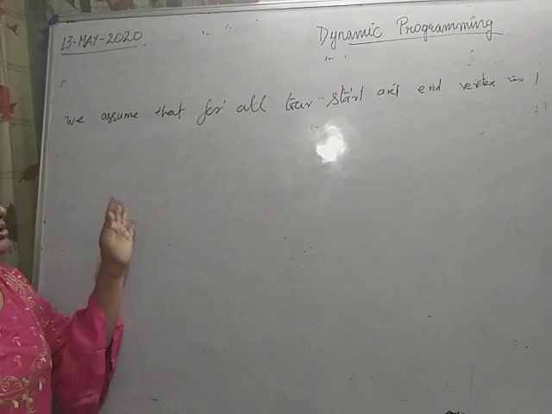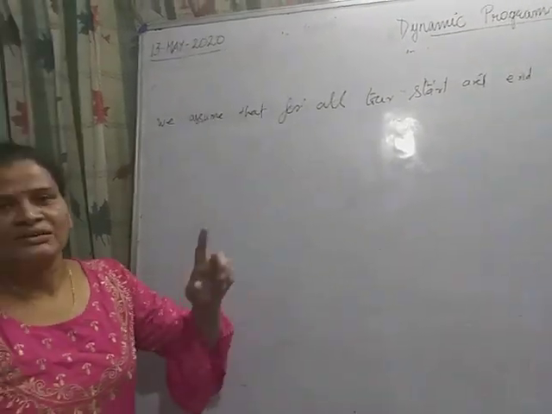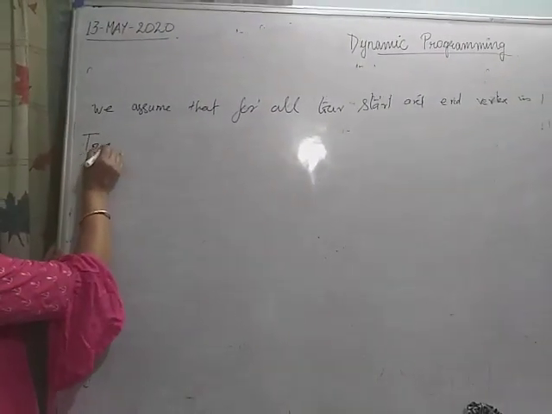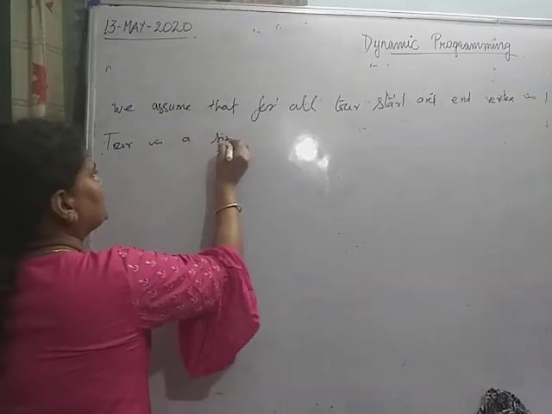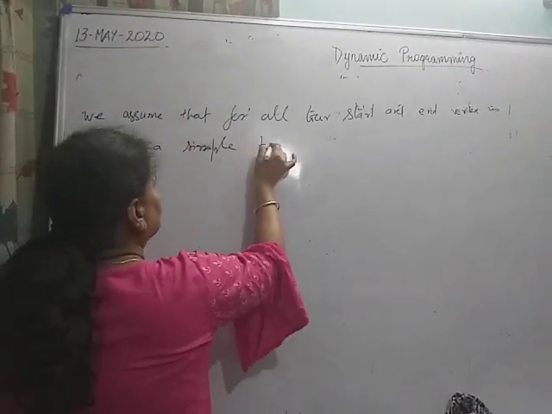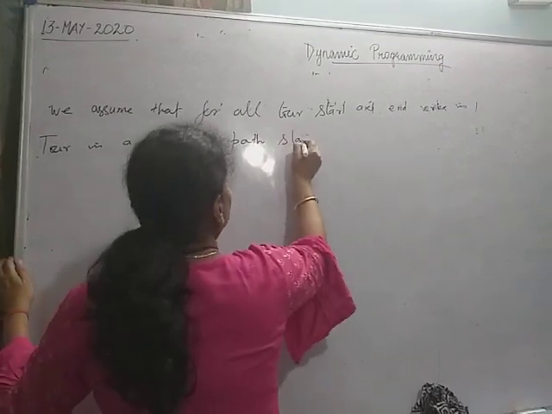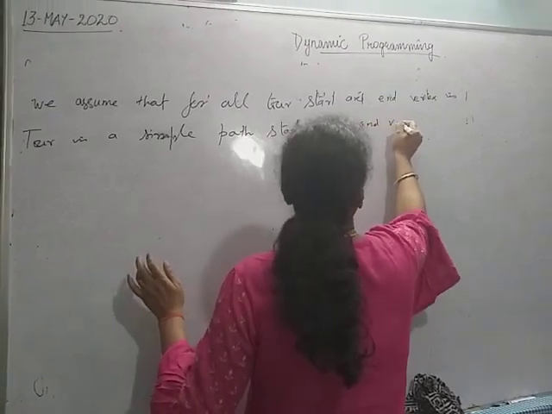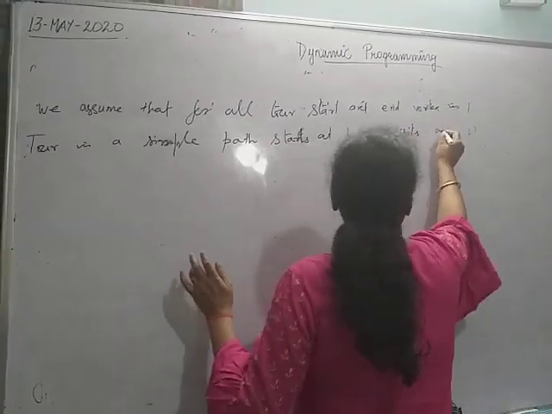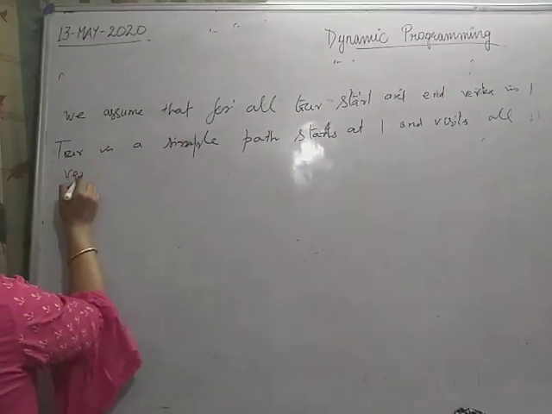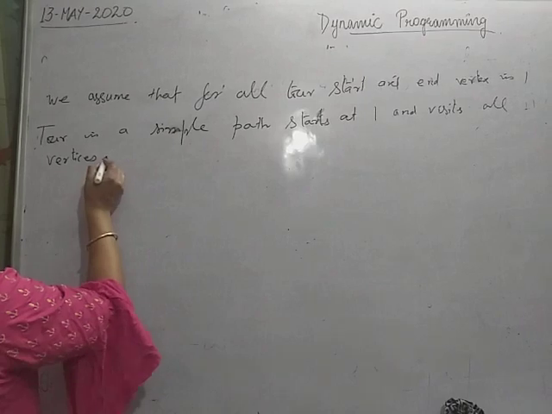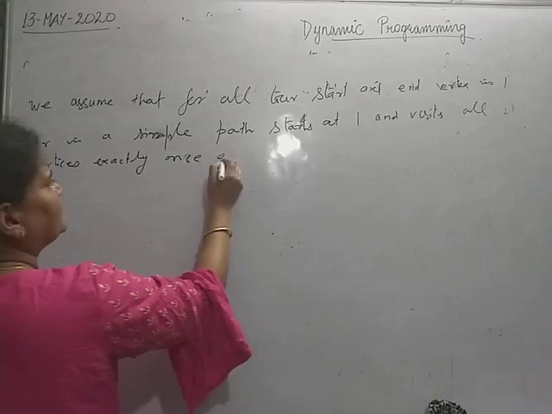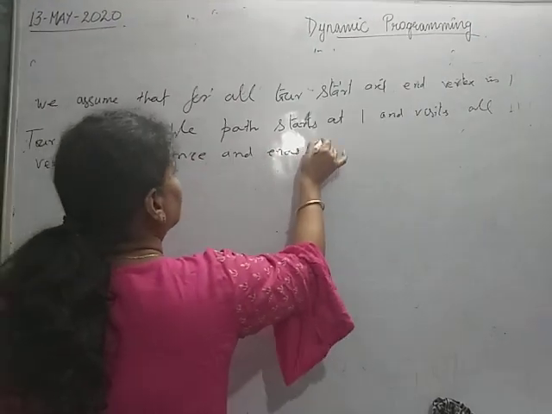So we assume that all tours start and end at vertex 1. A tour is a simple path that starts at 1, visits all vertices, or contains all vertices exactly once, and ends at 1.